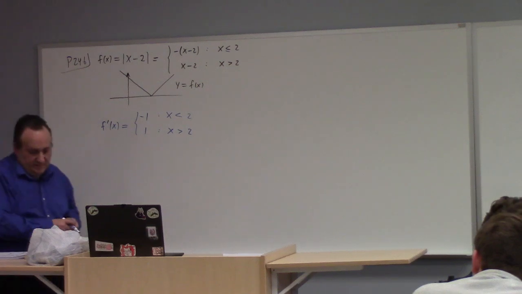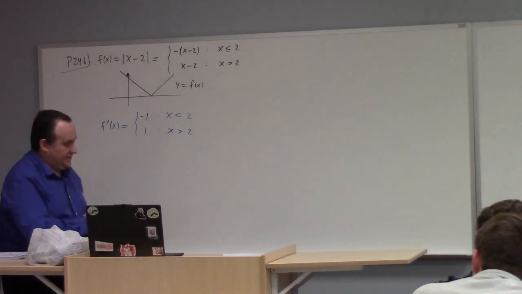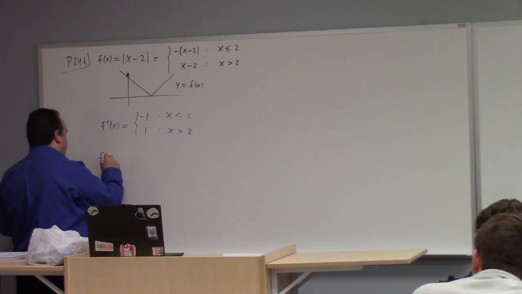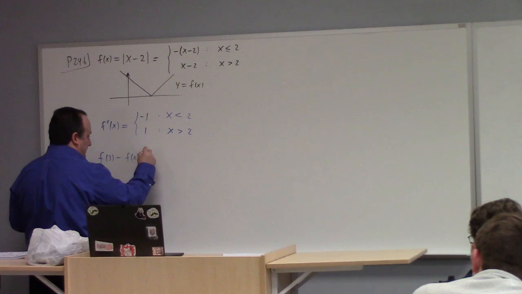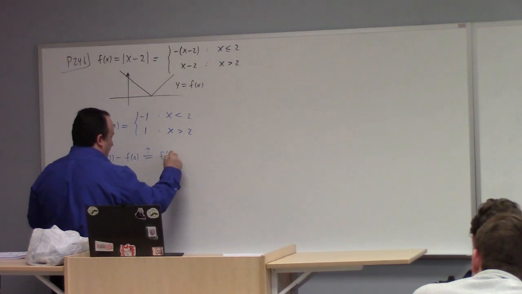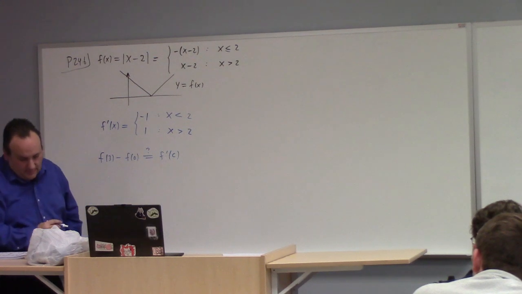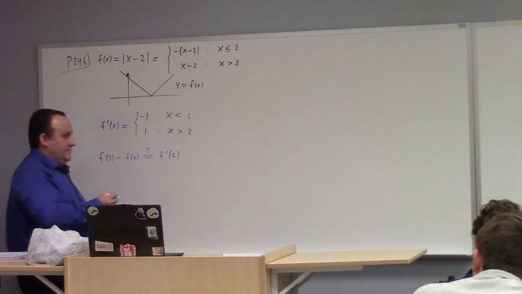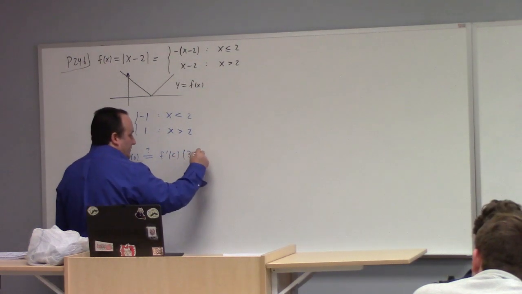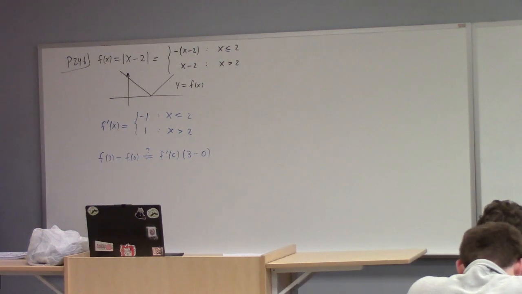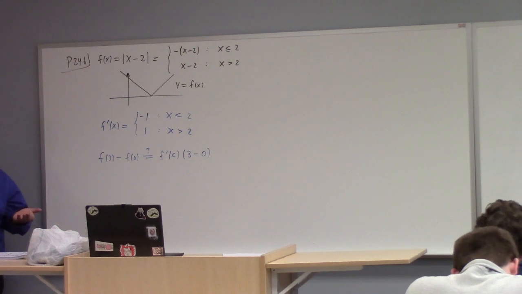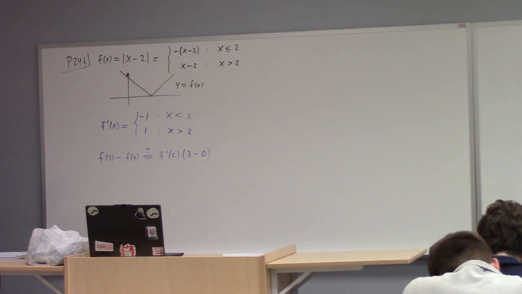So you're supposed to look at f of 3 minus f of 0, and the question is, can you make that equal to f prime of c times 3 minus 0? If the claim of the mean value theorem was true, then there would be such a c, right?